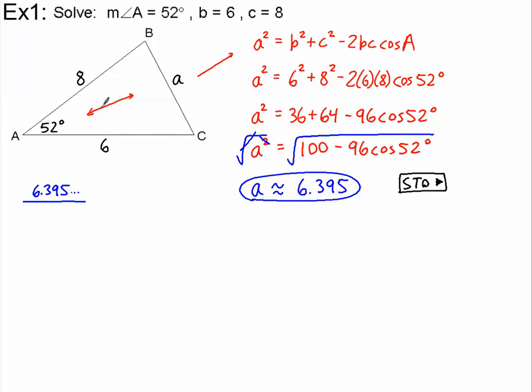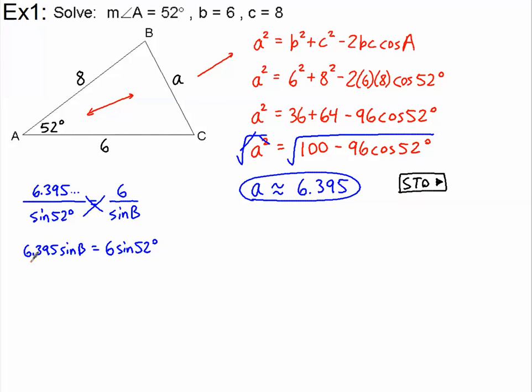The side divided by the sine of its angle, 52 degrees, will be equal to, I can do either the B ratio or the C ratio. I will just go in alphabetical order. Side 6 divided by the sine of its angle, and there's my proportion. I'm going to cross multiply, and I will start here. 6.395 times the sine of B is equal to 6 times the sine of 52 degrees.